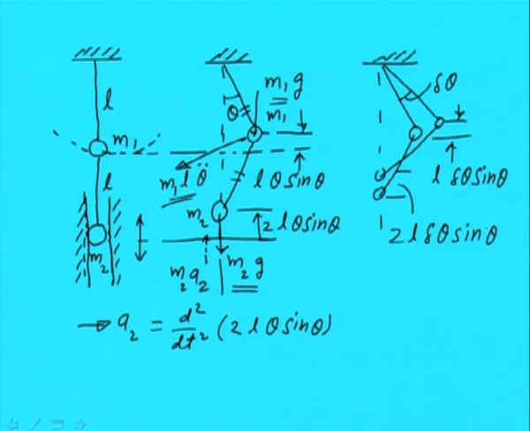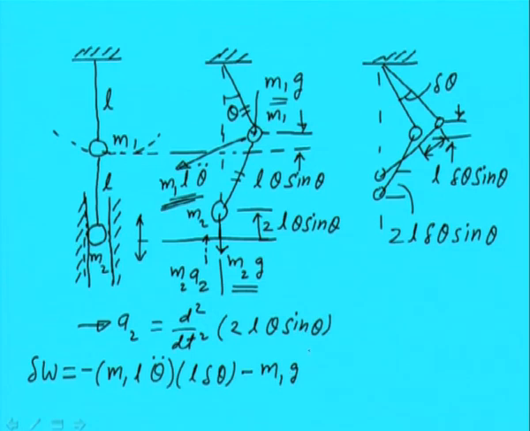Now we are able to write the virtual work because of these quantities. I am writing here the virtual work done from this first term, minus m1 L theta double dot, and this distance is L delta theta, then m1g, the upper ball having this much virtual displacement.